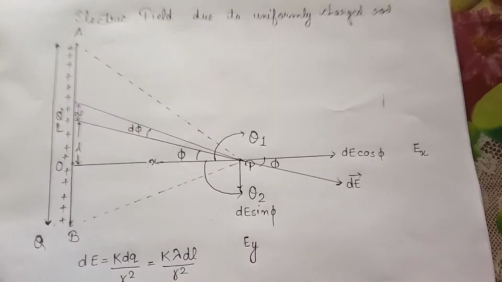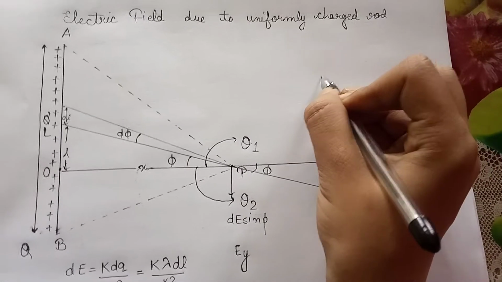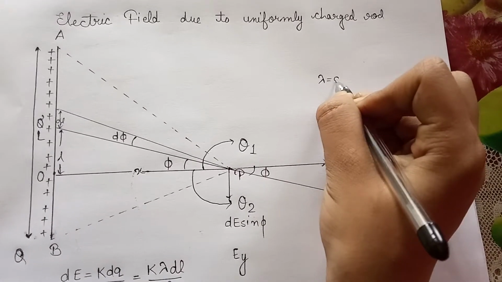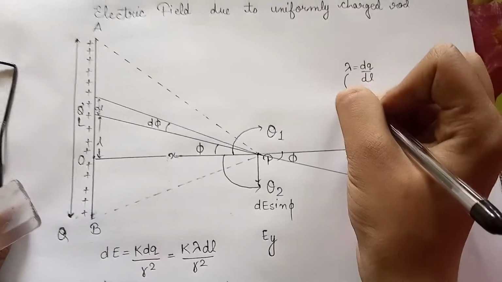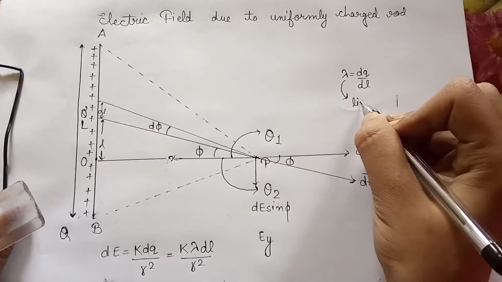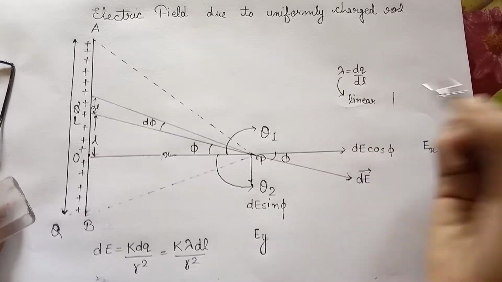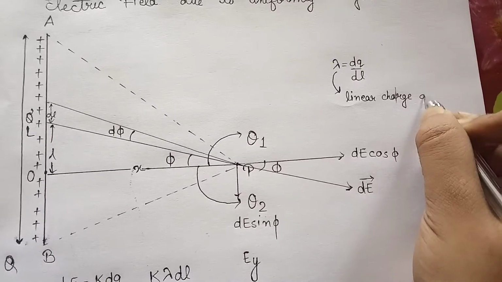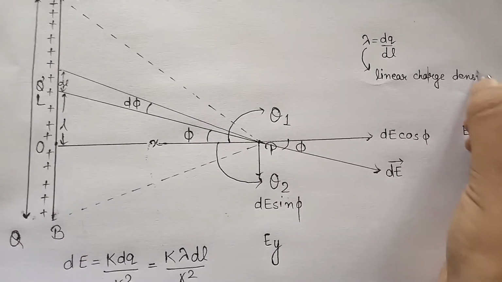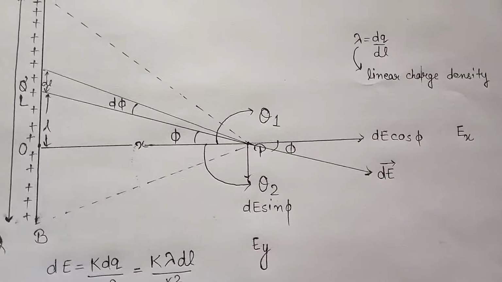Because this lambda is linear charge density, which is charge upon length, equal to dq upon dl.